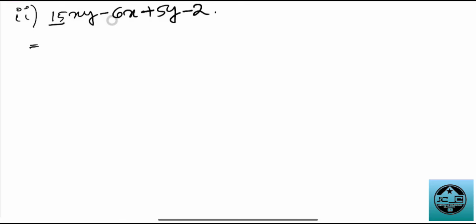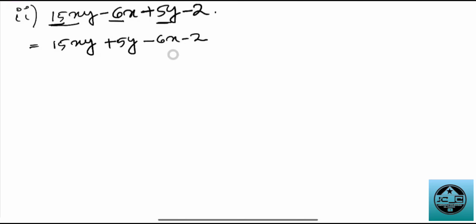Between 15 and 6, the common factor is 3. But you can see that 15xy and 5y have more similarity and more common factors. So we rearrange it as 15xy plus 5y minus 6x minus 2.